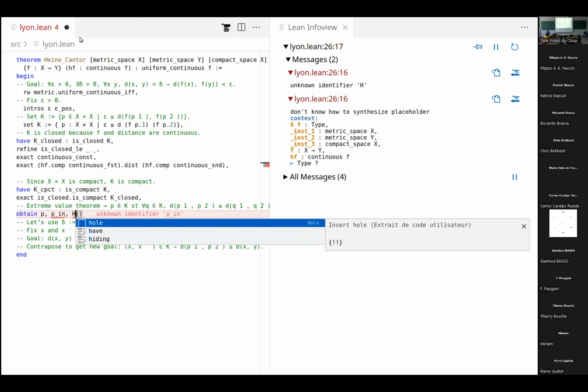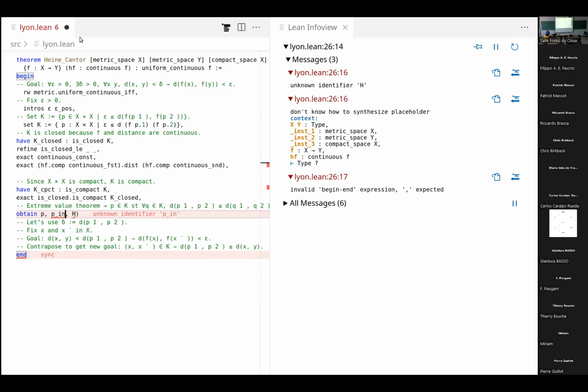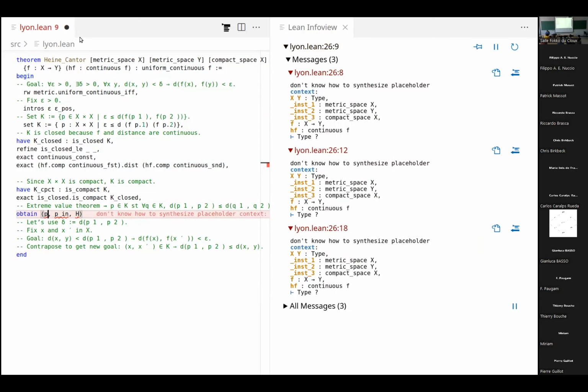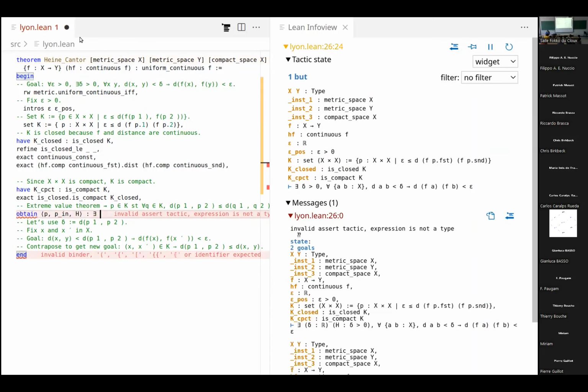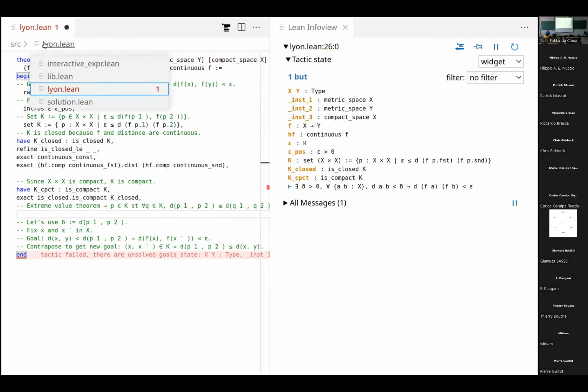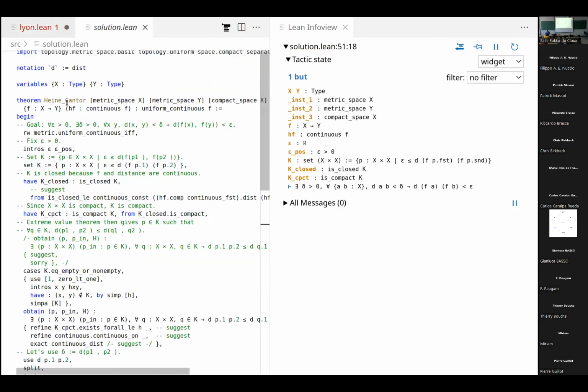So I want to obtain the following statement. So there exists p, or maybe, no, I will cheat, sorry. I prepared this, but then the computer did something bad.